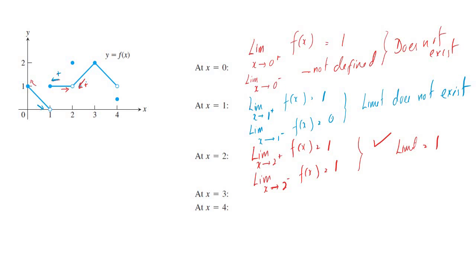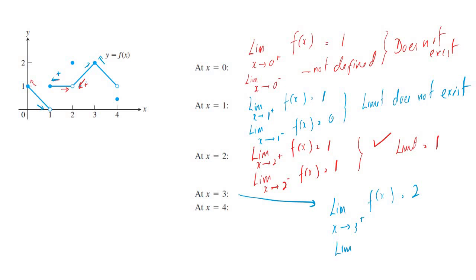Let's look at 3. The limit as x tends to 3 from the positive side, we see it tends to 2, and from the negative side also it tends to 2.